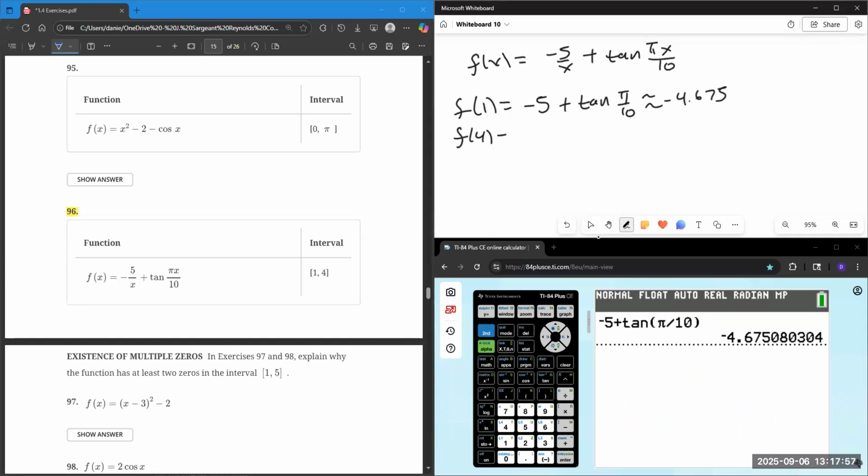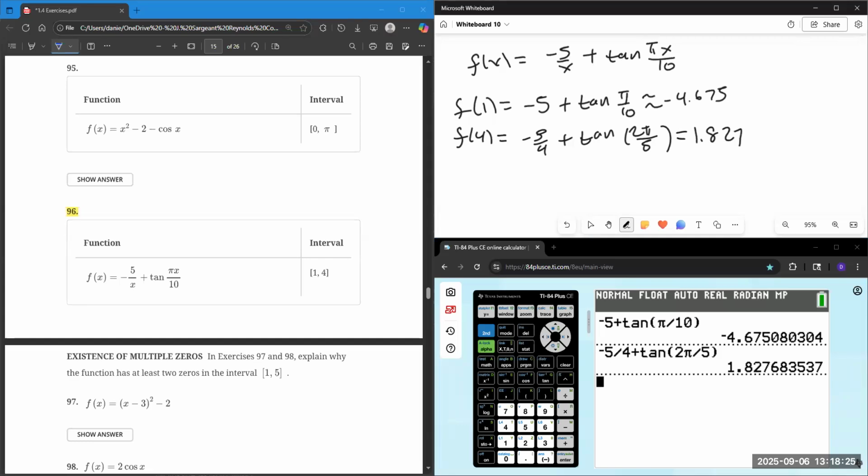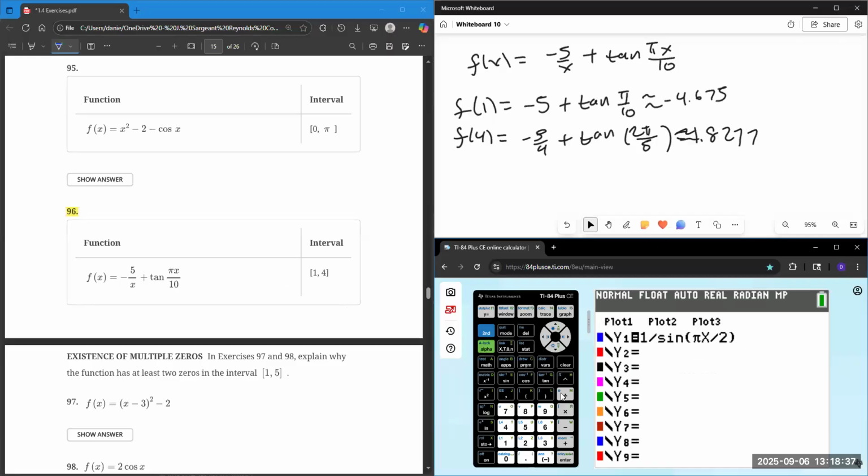F of 4 is -5 over 4 plus tan of 2 pi over 5, which is 1.8277 approximately. Let's make sure that this function is continuous on that interval by looking at the graph here.